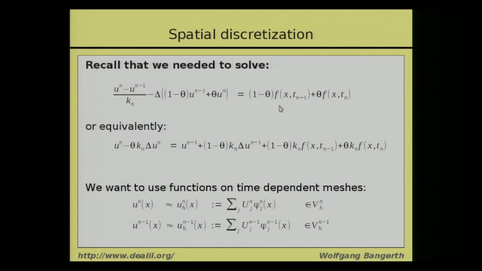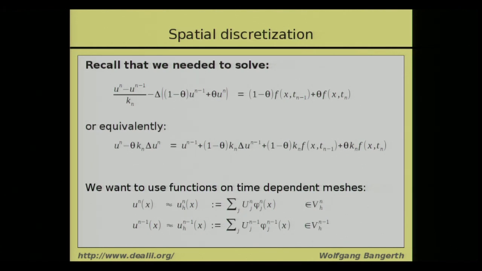What I need to do at every time step is solve this for u^n, because u^n is the unknown that I still need to solve for at time step n, whereas everything on the right-hand side, in particular u^(n-1), is something that I already know from the previous time step, or because it's given, like f at x and t_n. So I need to solve this equation on the left side, and I showed you in the last lecture how to do this.